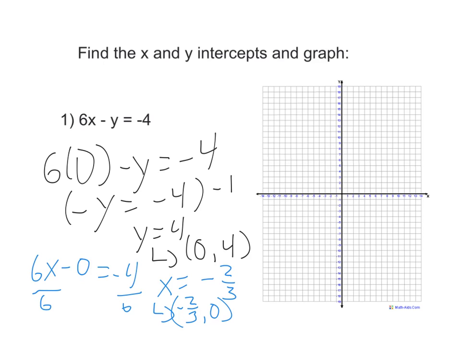Alright, so let's put this on our graph. So (0, 4), so 0 up 4, put a spot right there, there you go, perfect. And (-2/3, 0), so we're going to go almost to 1.